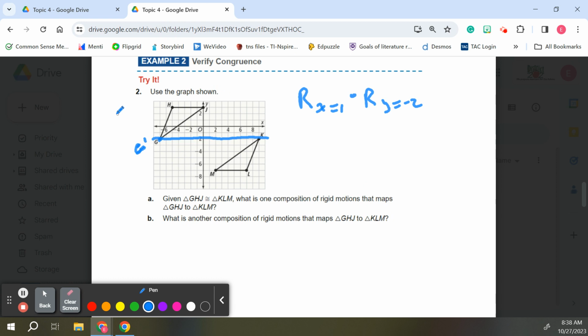Let's see, 1, 2, 3, 4, 5. There's h prime. And then here is y prime. 1, 2, 3. It should be 5 also. 1, 2, 3, 4, 5. Yeah. So there's my first reflection, right? Then I can reflect it again.